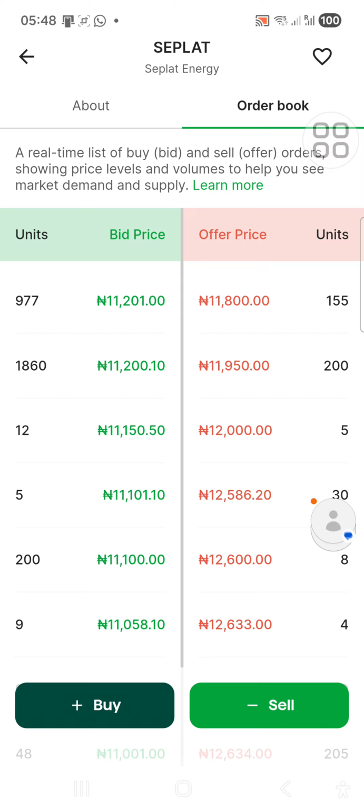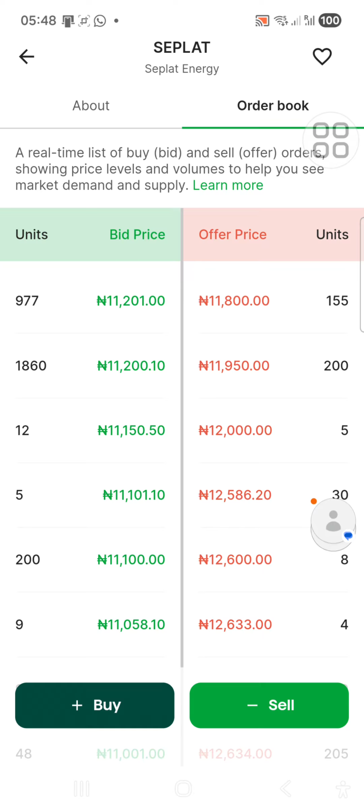Now, if you look at how much people are bidding, the highest bid is 11,201. That's the highest bid. Yes, the highest bid is 11,201 naira. And the lowest bid is 11,058 naira.